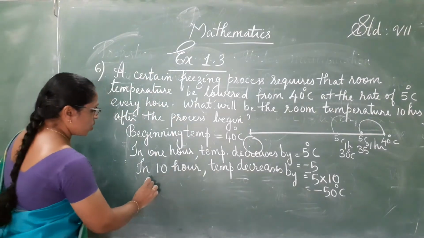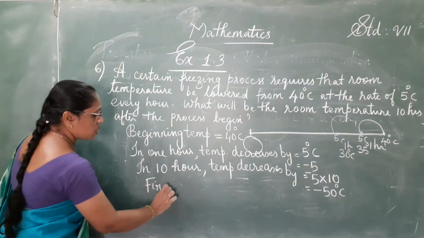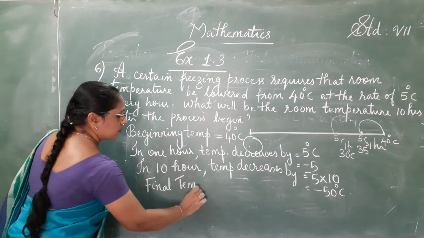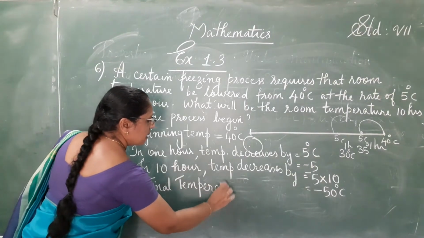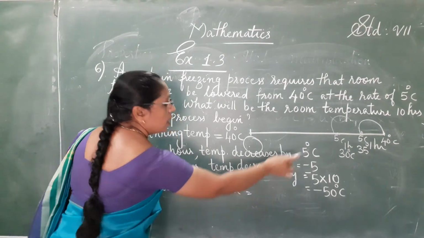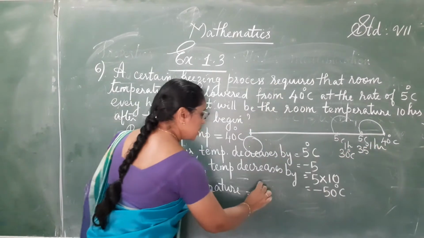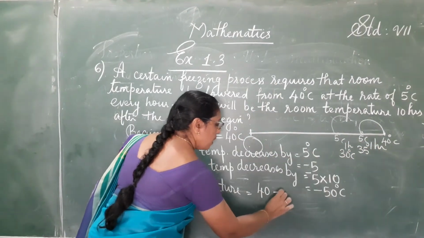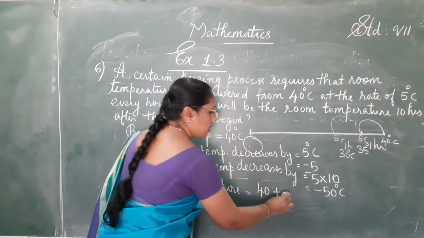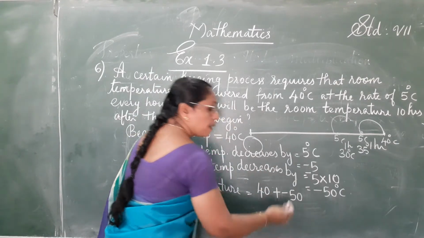Okay. So, the final temperature is equal to what it was earlier, 40 degrees Celsius, plus, now we moved 50 steps backward.